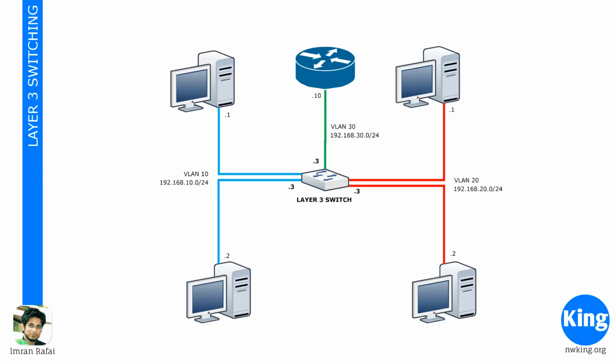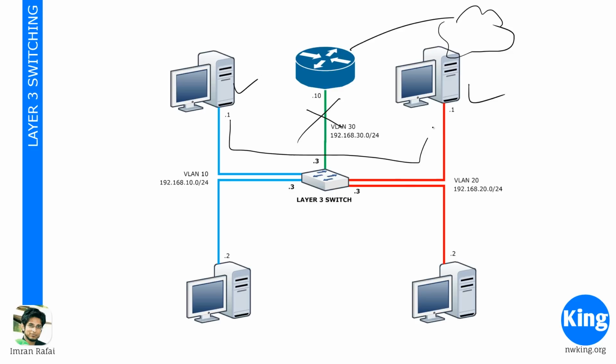What a layer 3 switch can do is it does not need a router to route packets. Of course, if you want to go to an external interface, yes, you make use of a router. But for inter-VLAN routing, the layer 3 switch itself can route packets from one network to another, right? So it can go like that.